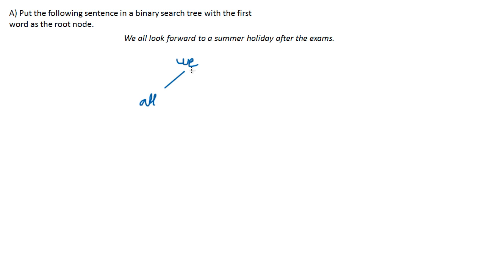"Look" is less than "we", so it goes to that side, but it's greater than "all", so we put it here. Now "forward" is also greater than "all", but it's less than "look", so it goes to this side.